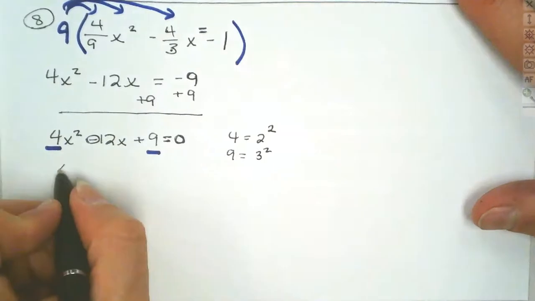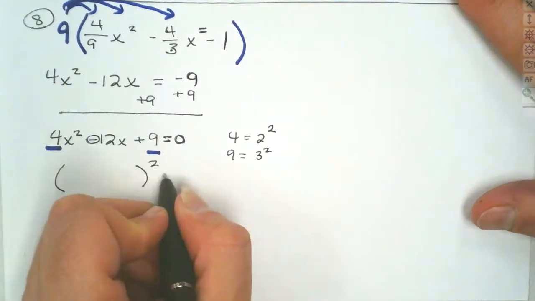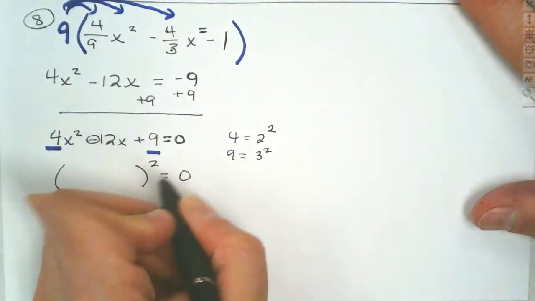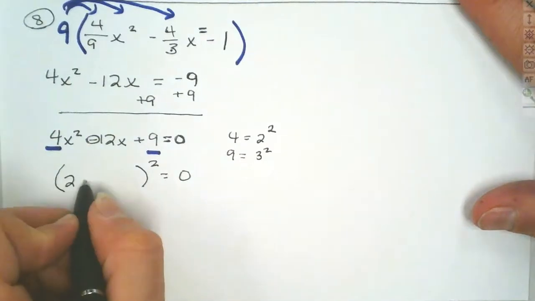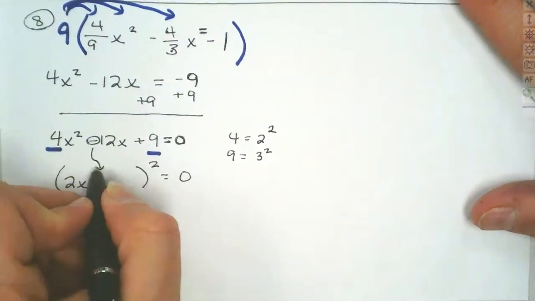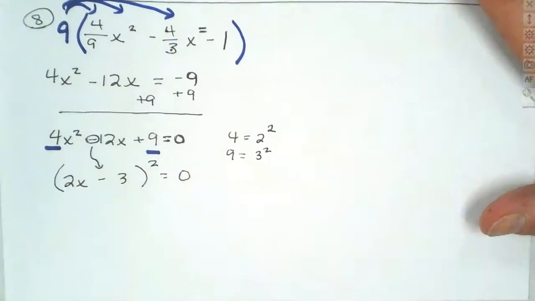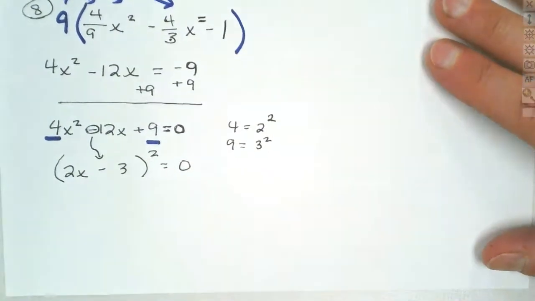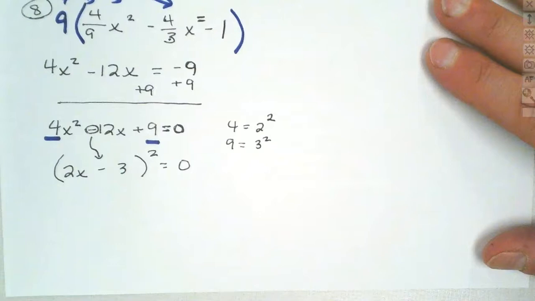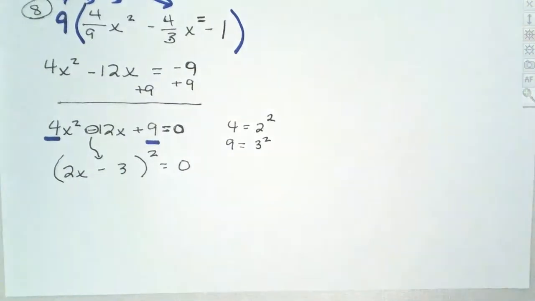Negative in the middle, and I can actually go ahead and break this down into 2x, bring down your negative, minus 3, quantity squared. Because I noticed that it's a perfect square trinomial. Now, what would my two solutions be? Well, they're going to be the same because this is squared, so we only really get one solution.